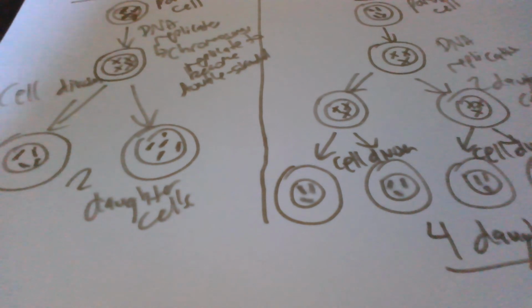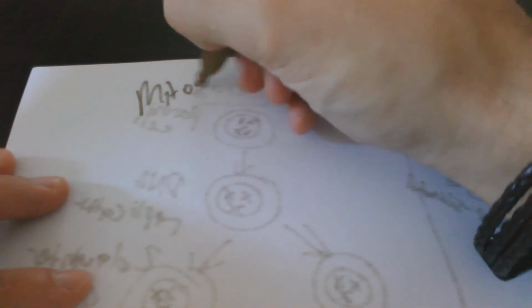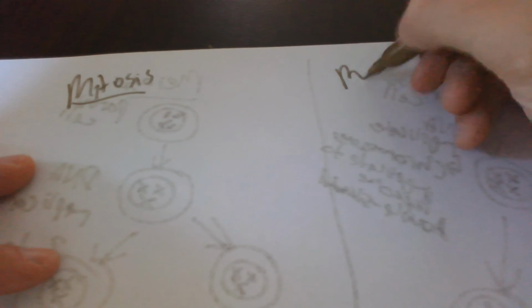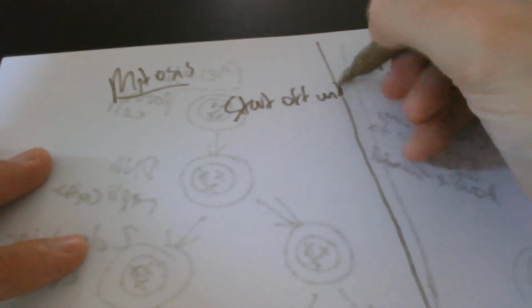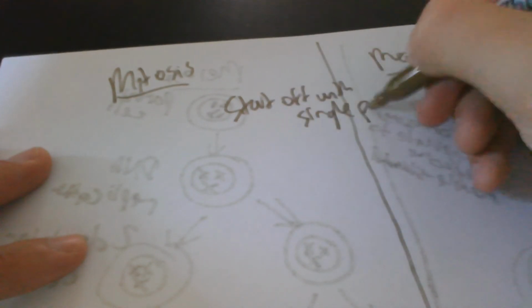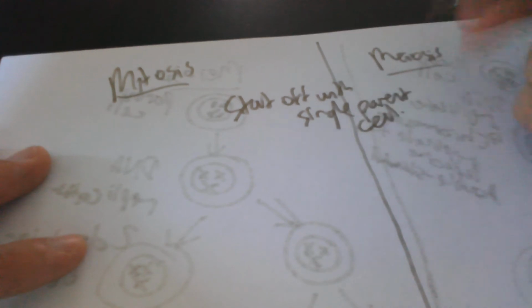Okay, now let me just summarize what I talked about in terms of mitosis and meiosis. Let me draw up a table. So, mitosis, meiosis. Okay, what are the similarities? Well, they both start off with a single parent cell, right?